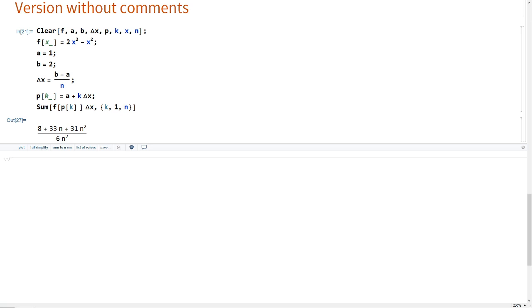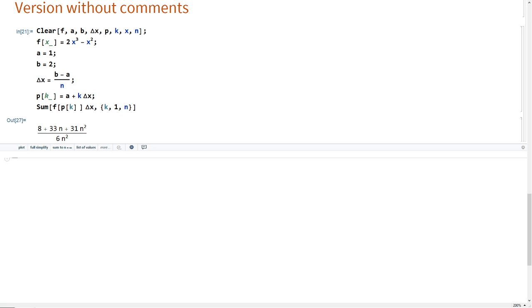Mathematica simplifies it for us. So it is doing all of this work that we did. It's just combining all of these together and giving us the sum immediately, which is 8 plus 33n plus 31n squared over 6n squared.